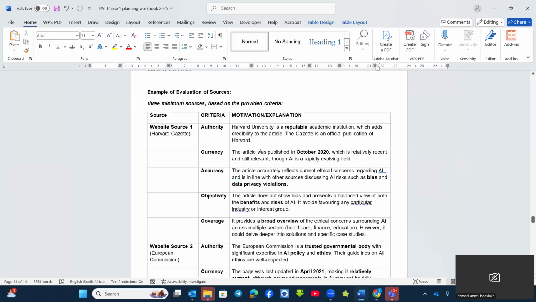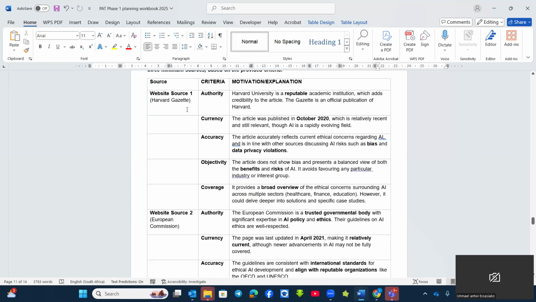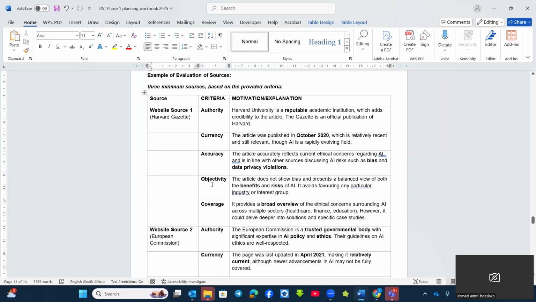Then when you are done, you go to the evaluation of the source table. Now, the first source, the criteria, authority. Here, you talk about how Harvard University is a well-known academic institution, which adds credibility to the article. So you don't just say Harvard University is credible. No, you must explain, like it's a well-known academic institution, or you can say the author is a well-known publisher in AI.